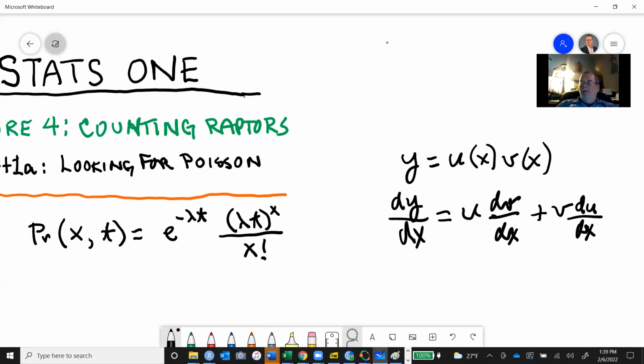Now, common sense. Any change in y might be revenue, u might be price, v might be quantity. There are two sources of the way revenue might change.